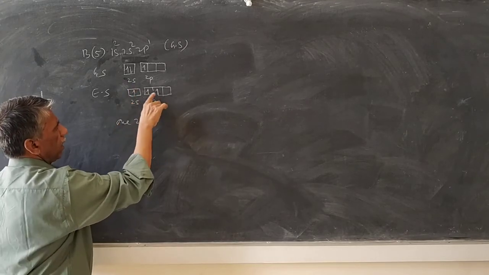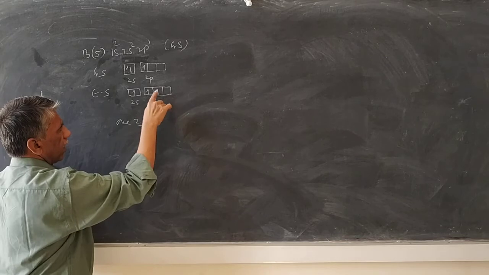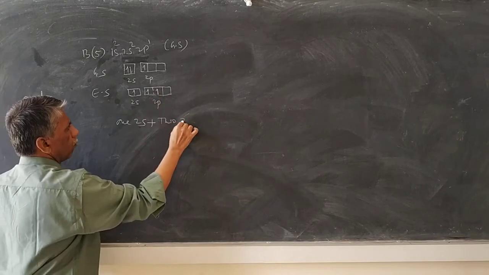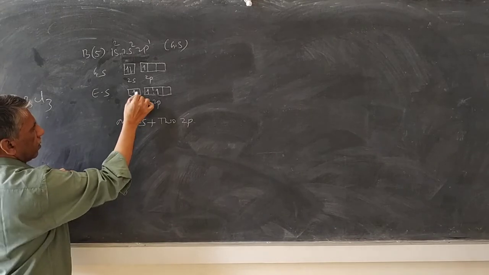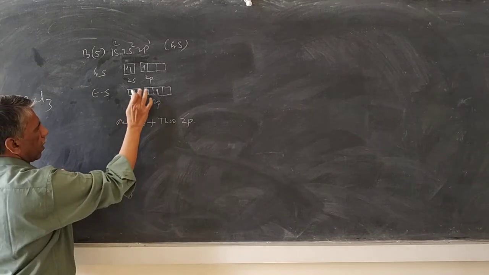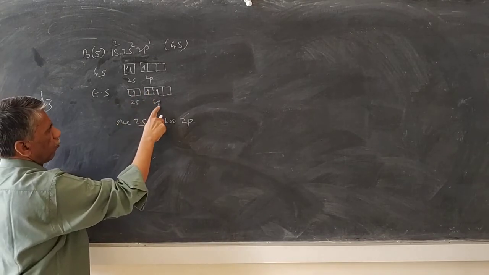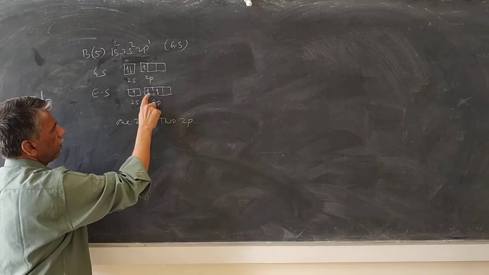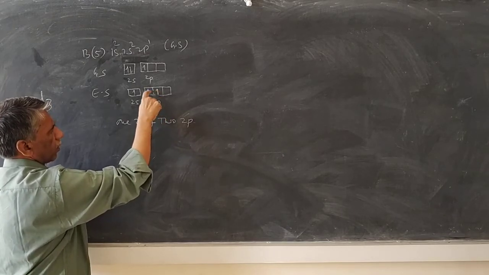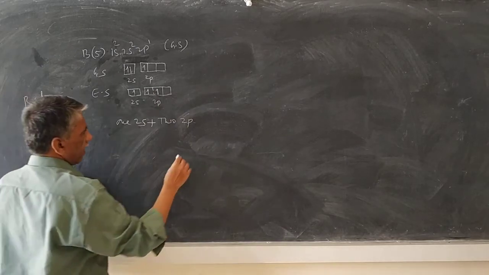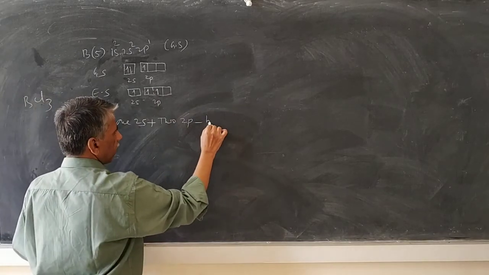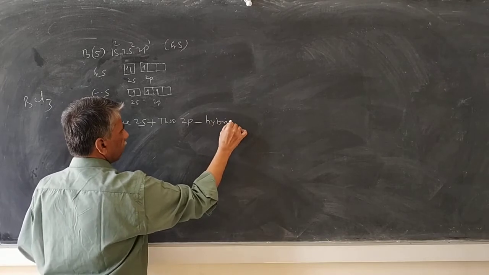And how many 2p orbitals are undergoing hybridization? 2. 2 2p orbitals are undergoing hybridization, and therefore you will get new orbitals called hybrid orbitals.